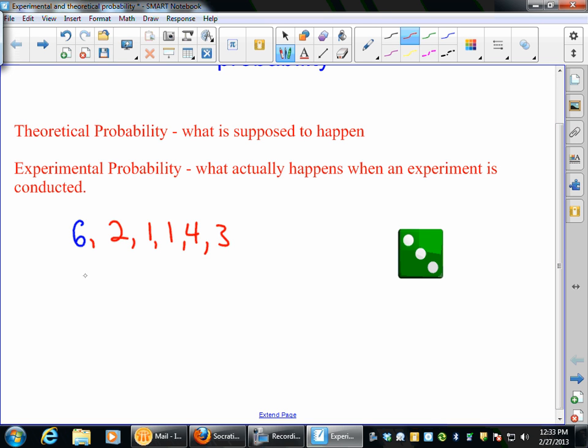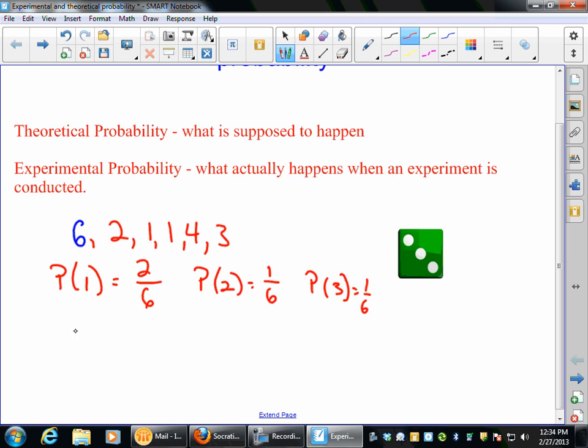So, experimentally, the probability of getting a 1 was 2 times I got a 1 out of 6 rolls. Even though theoretically it should be 1 out of 6, this time when I rolled, it was 2 out of 6. The probability of getting a 2 this time was 1 out of 6. The probability of a 3 was also 1 out of 6.